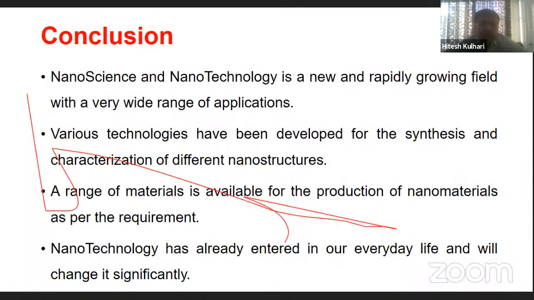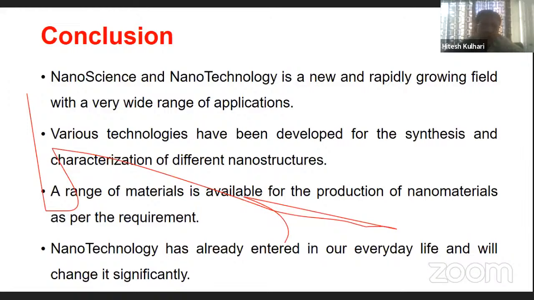So what we can conclude from here is that nanoscience and nanotechnology is a new and rapidly growing field with a very wide range of applications. It is being used in all sectors, whether it is energy, healthcare, electronics, or agriculture.